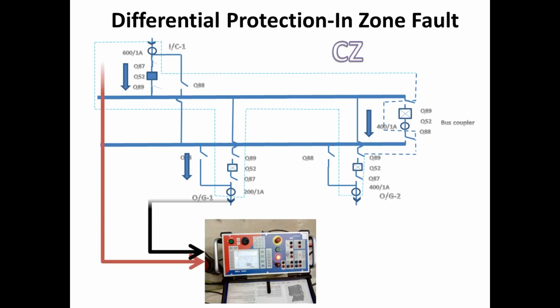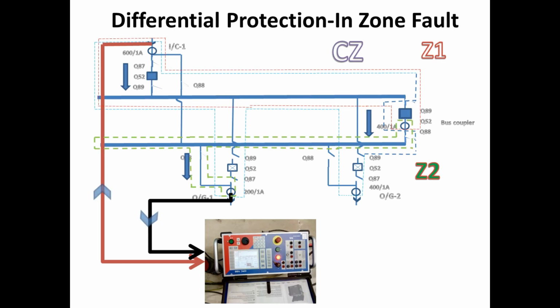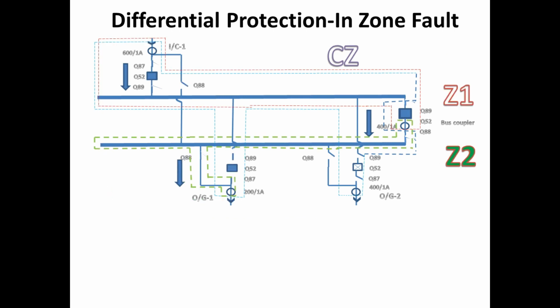Now we go for checking zone 2. In zone 2 I am giving all connections the same as in stability, and over here I inject the same 200 amps and I change the polarity of outgoing.